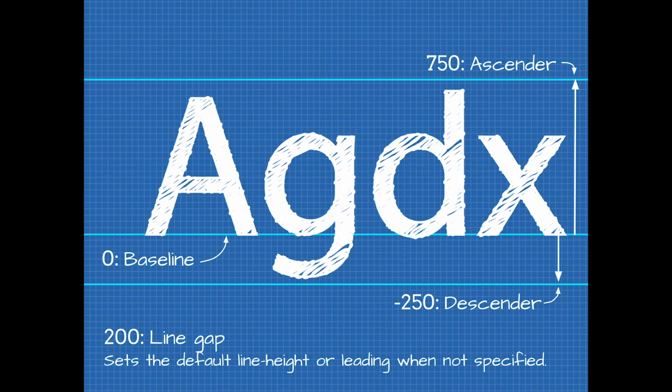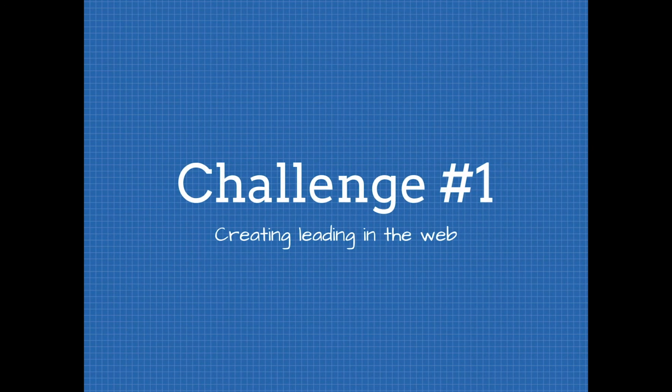It's actually determined by whatever font is the default for that web page, and its line gap determines your line height. In this case it would still be 1.2, because 200 plus 1000 gives you 1.2. But if this line gap was 500, then it would be 1.5. So it's actually determined by the font, which is kind of fun.